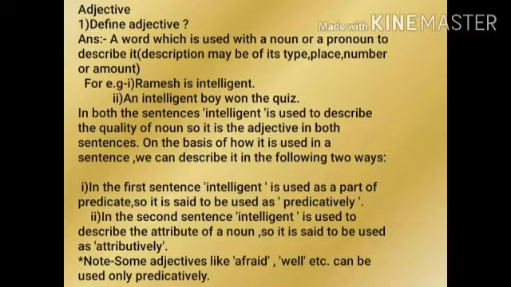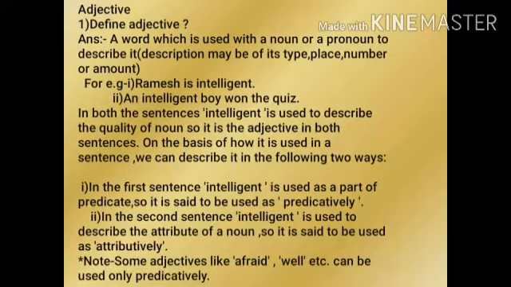On the basis of how it is used in a sentence, we can describe it in the following 2 ways. Here you can see I have divided the ways. First, in the first sentence, intelligent is used as a part of predicate. You can see in the first sentence, the subject is Ramesh and the predicate is intelligent.